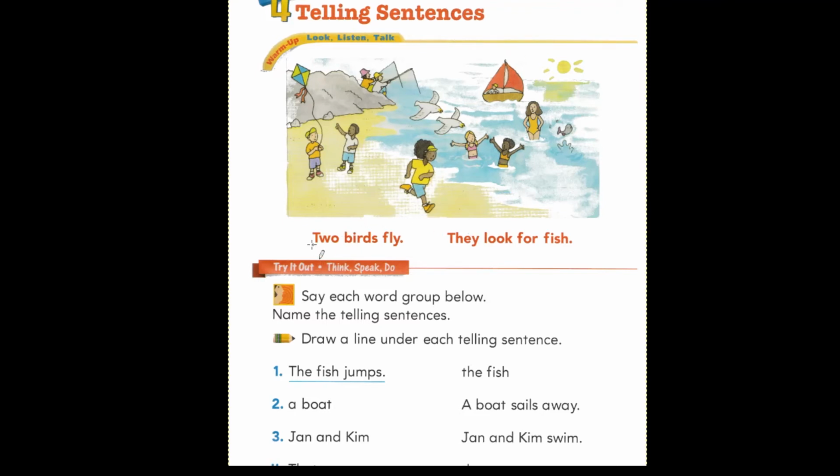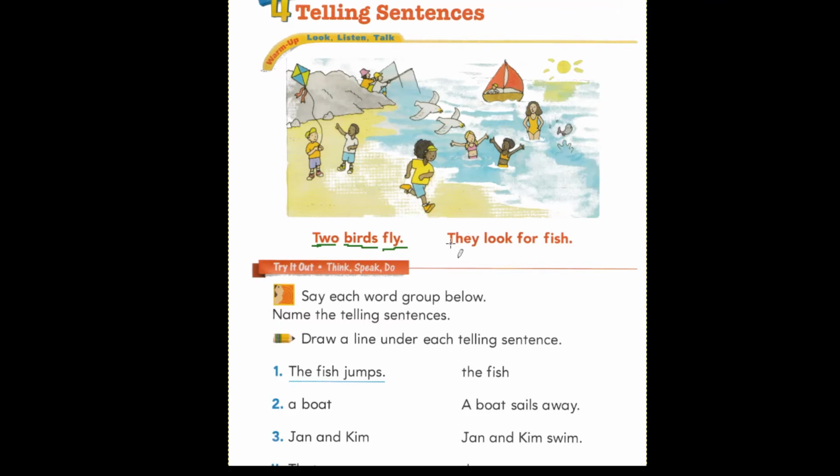These are our examples of 2 birds fly. Now look, this is a simple sentence. As you can see, there's our naming part and our action part. 2 birds fly. It tells us something. 2 birds are flying. And it starts with an uppercase T and it ends with a period. And this is our simple telling sentence.